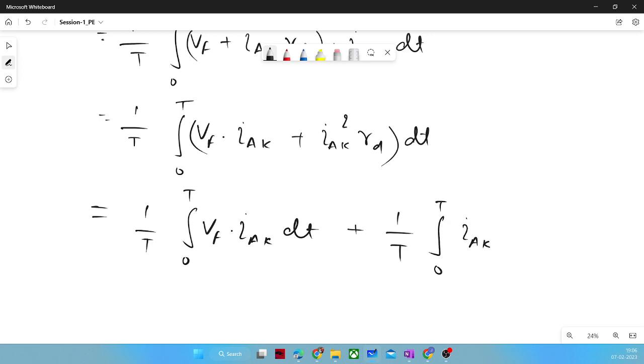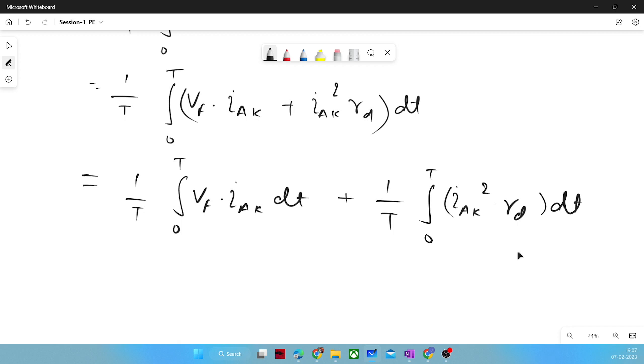Here IAK square into RD dt. As the professor also explained, this is nothing but RMS loss across the resistance. IAK square RD is due to the dynamic characteristics of the diode, and the other is the average power loss during the conduction period, since VF is constant.